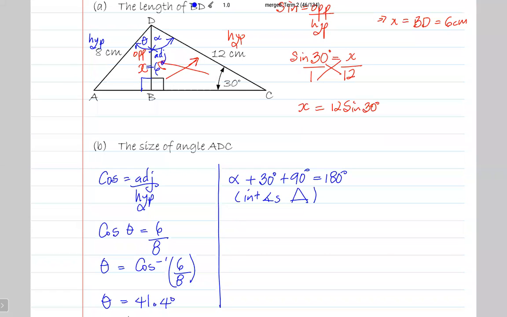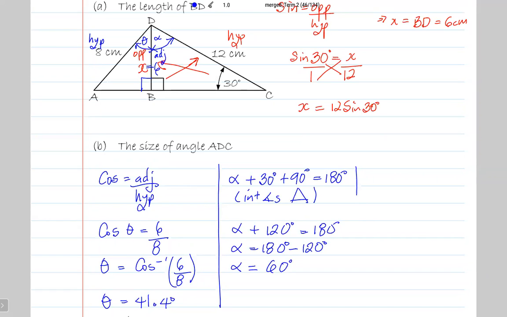So alpha plus 120 is equal to 180 degrees. And so alpha would be equal to 180 minus 120. Positive 120 goes over and becomes negative. So alpha is equal to 60 degrees.